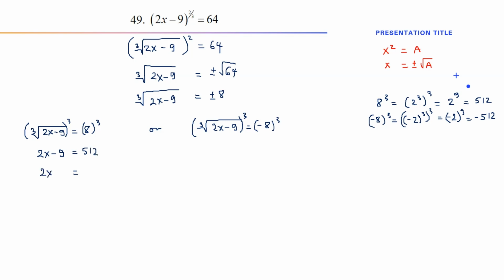2x equals 512 plus 9, that is 521. Then we divide both sides by 2. We have x equals 521 over 2. On the other side, we have 2x minus 9 equals minus 512.